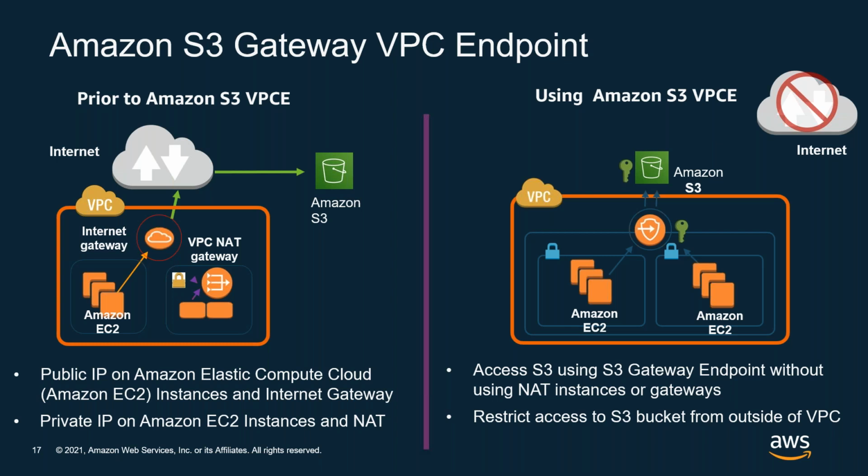So if you're running an EC2 instance in a private subnet that does not have access to the internet, you're mostly going to want to put, say, a NAT gateway or a NAT instance in between your private subnet and the internet in order to be able to access S3.